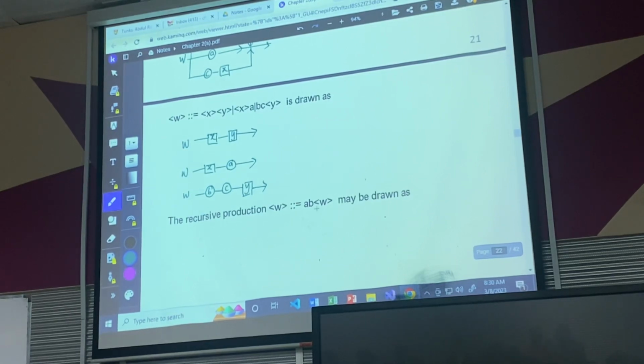Okay, how to draw this syntax diagram? Can you try to draw this first? W substitutes with A, B, W for the syntax.